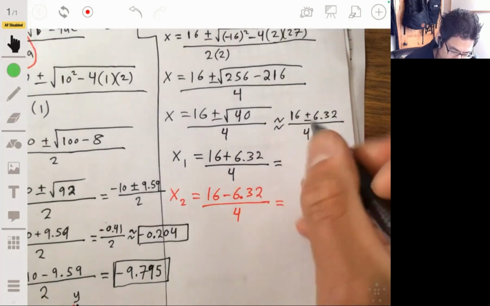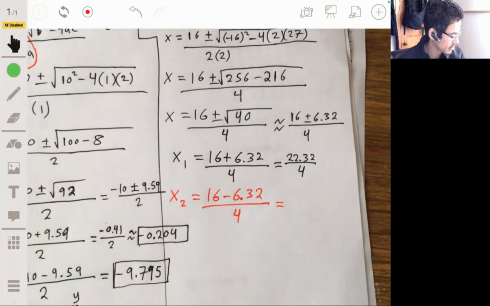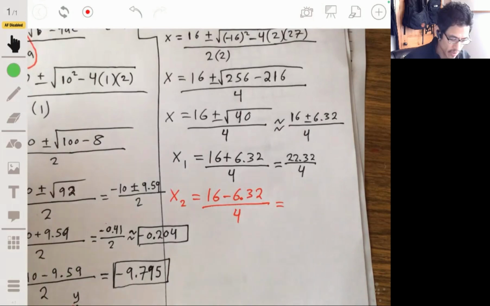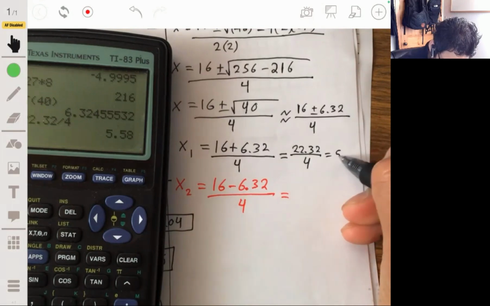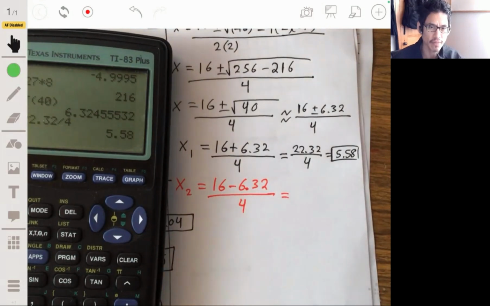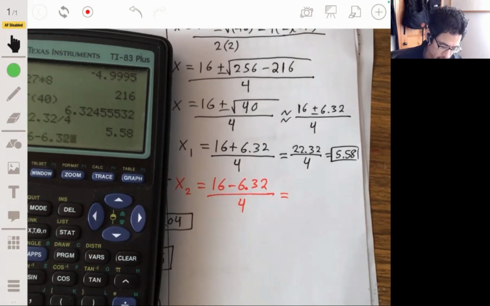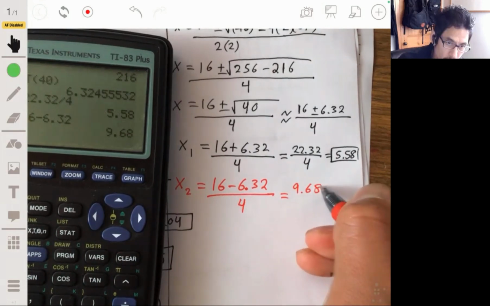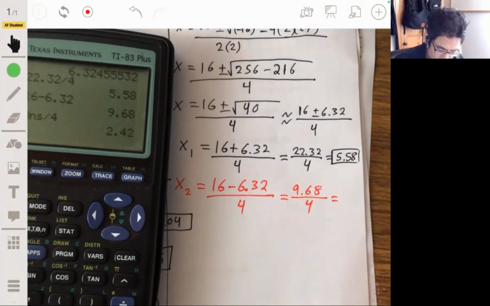So we get 22.32 over 4, and then we get 5.58 there. And then we have 9.68, yeah, 9.68 over 4. So 2.42 for this one.